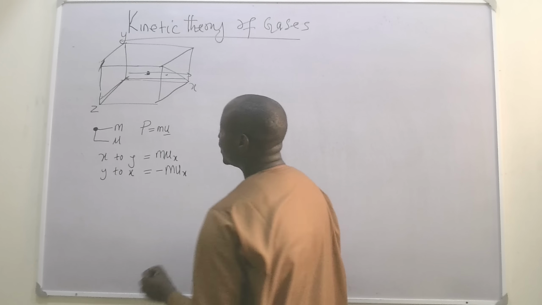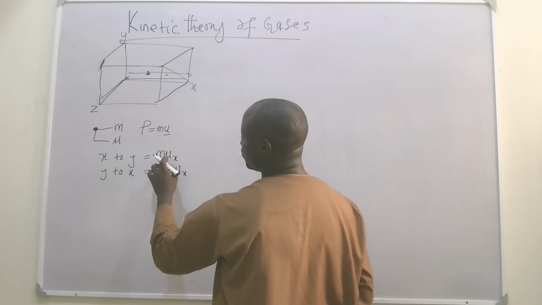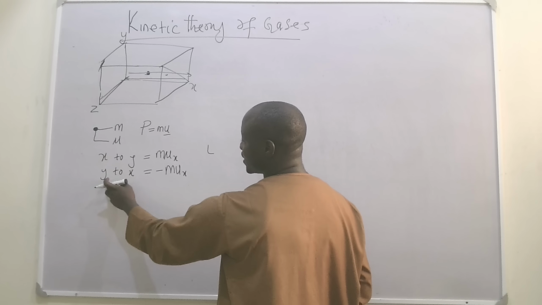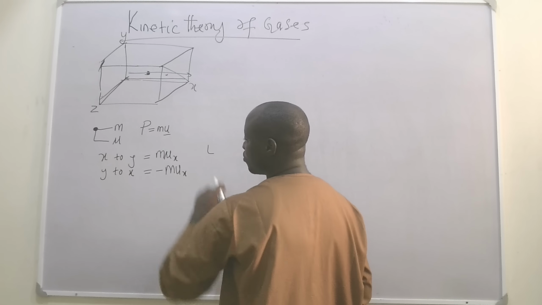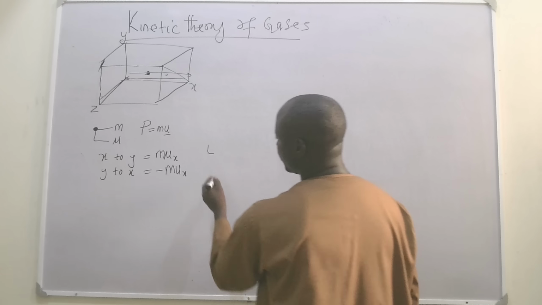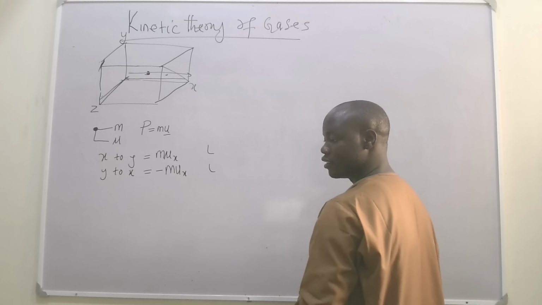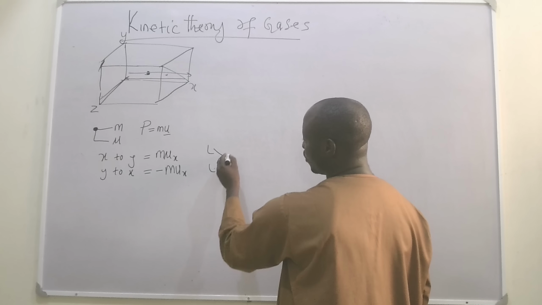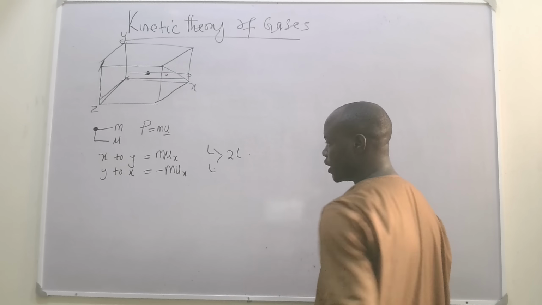As these particles move from x to y, they cover a distance L. And as they move from y back to x, they cover another distance L. So we add them, and this gives us 2L.